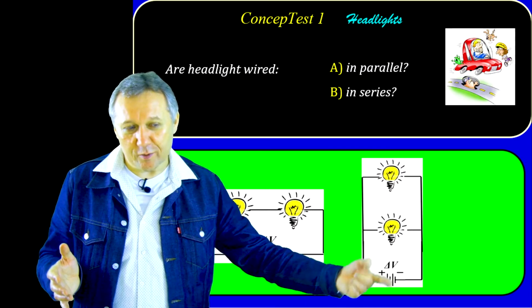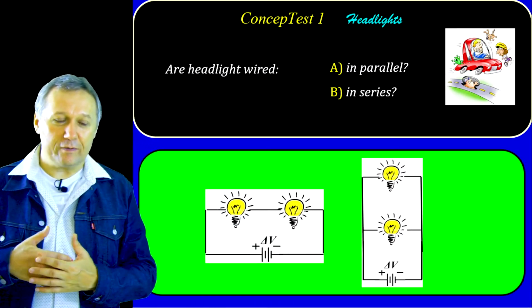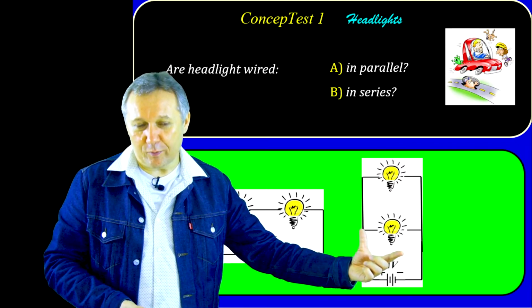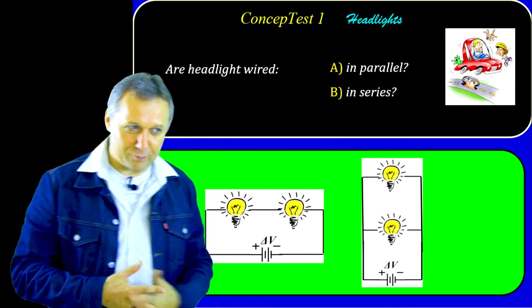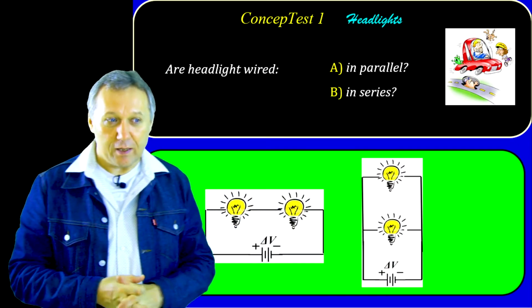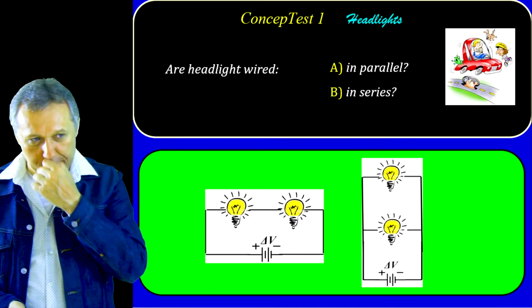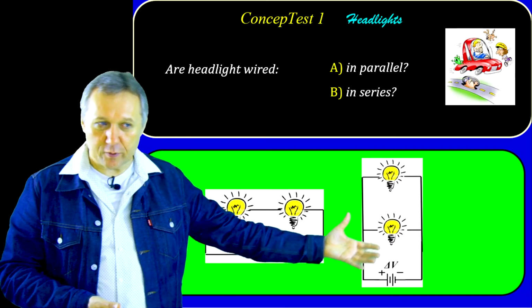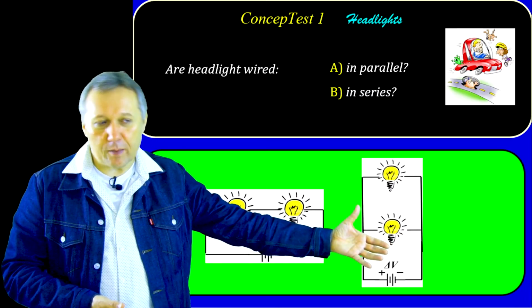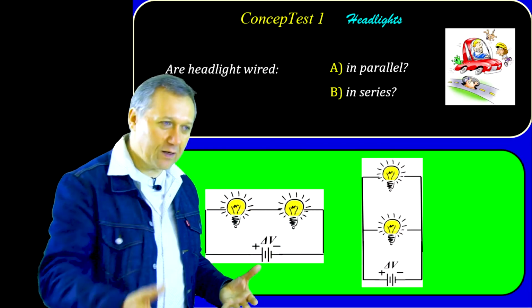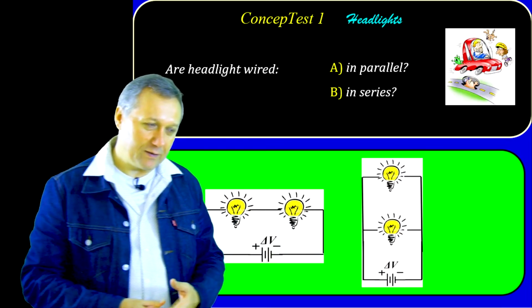Through this loop we'll now have a larger amount of current flowing, so this bulb will still be bright, still producing light, and actually it will produce more light because more current will flow through it. So in this case you're not going to end up in complete darkness. There will still be some light in front of you, and you can still safely drive.